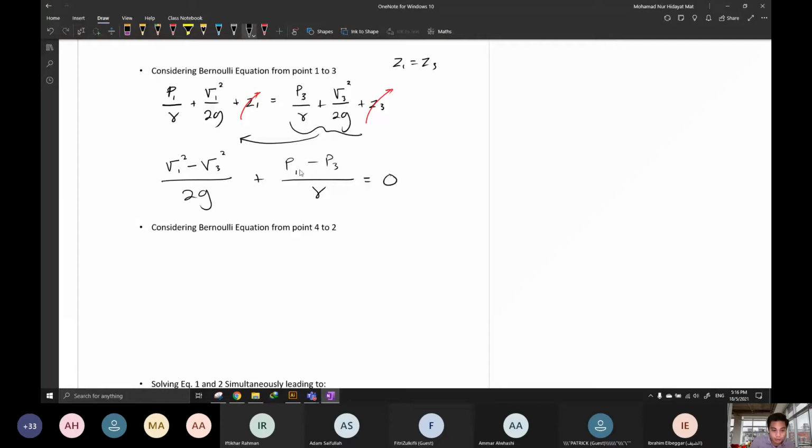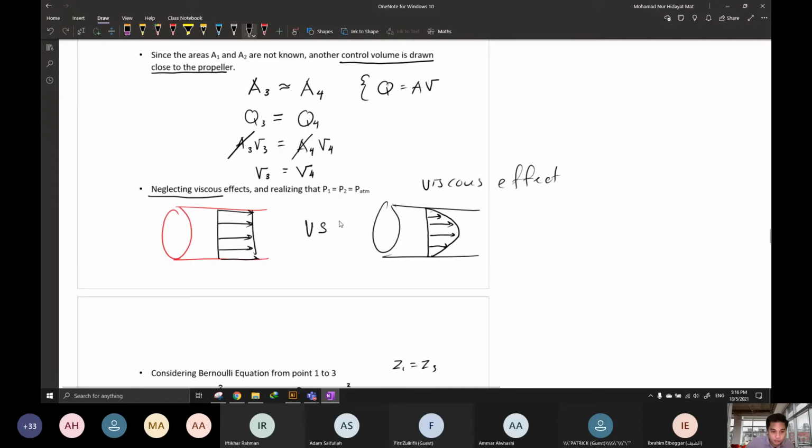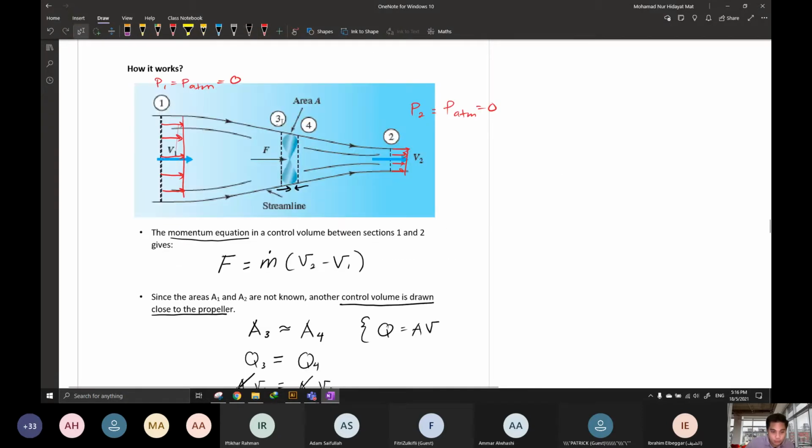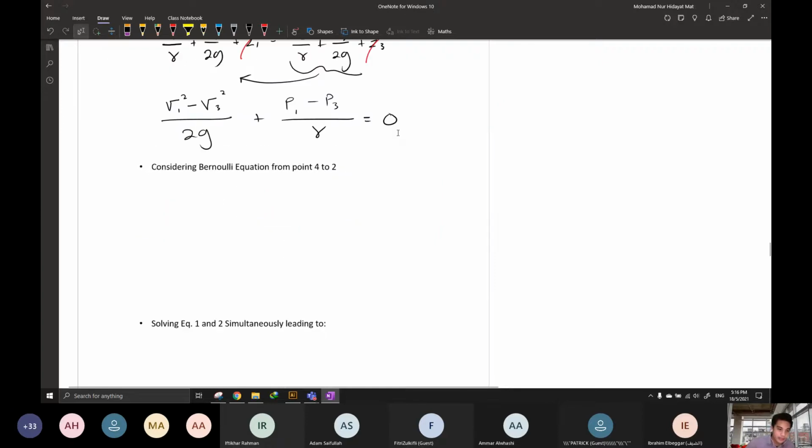And then again, considering the Bernoulli equation from point 4 to point 2. Just now we did point 1 to 3, and now we are going to do 4 to 2. The same thing happens again.